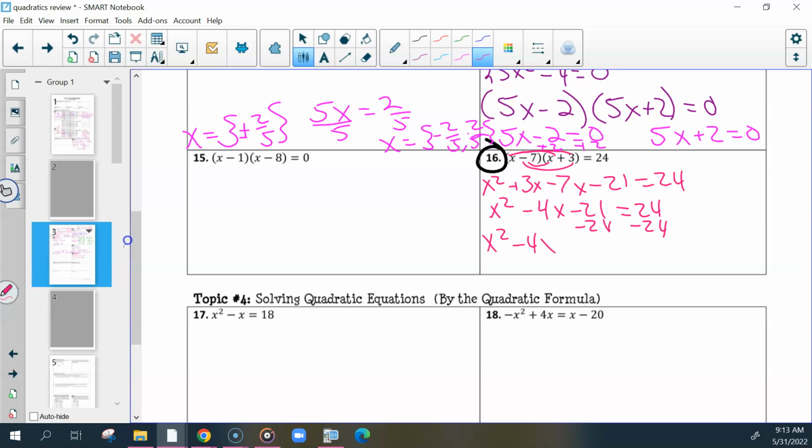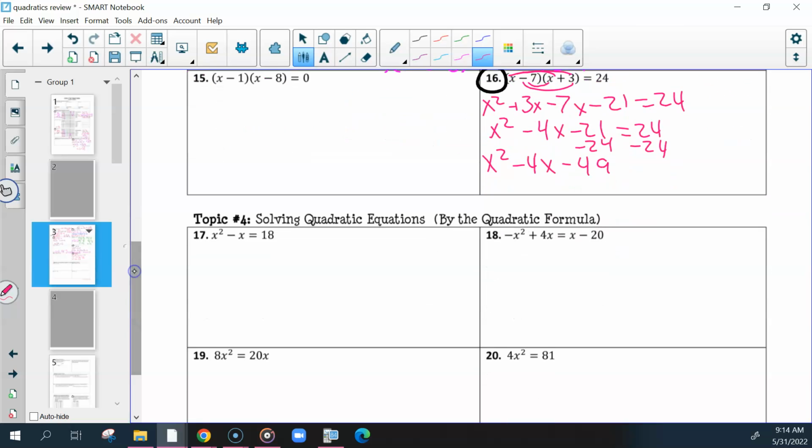So x squared minus 4x minus what? Negative 21 minus 24 is negative 45.